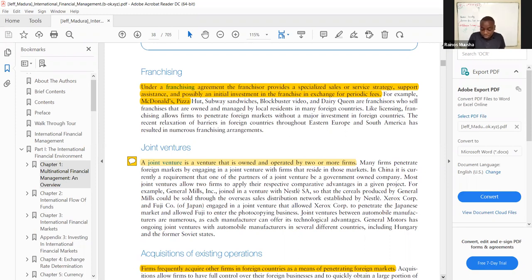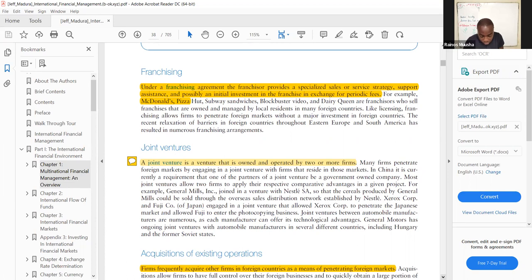Typical examples of international franchises would be McDonald's, Pizza Hut, and Burger King as well, which allows those companies to have an international footprint through franchising.